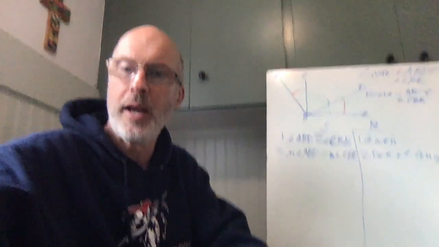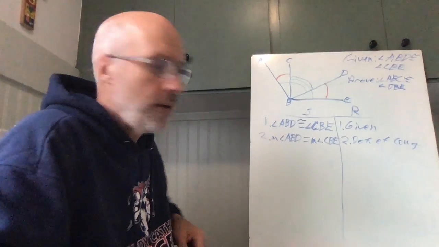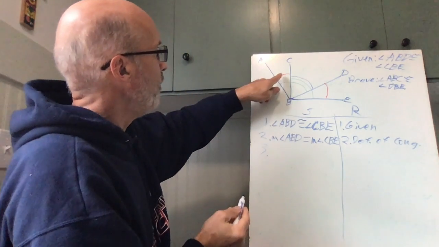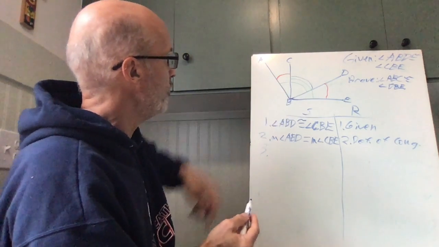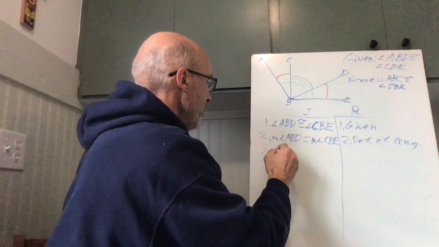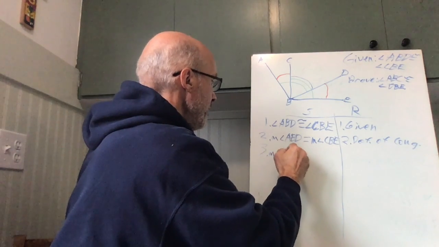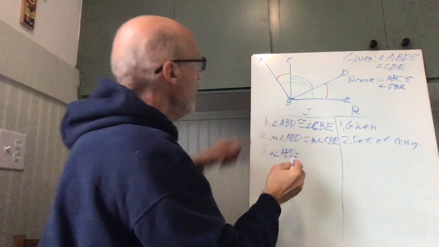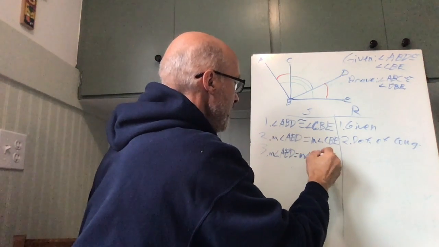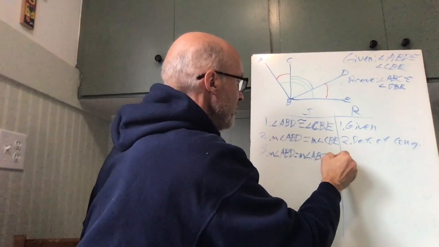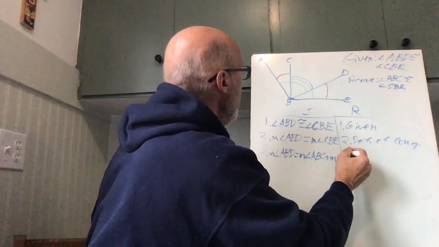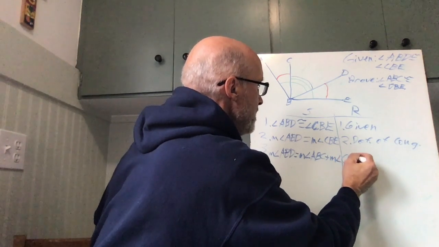Is that visible on camera? So now what I want to do is I want to talk about the fact that this bigger angle is made up of these two smaller ones. So the measure of angle ABD is the measure of angle ABC plus the measure of angle CBD.